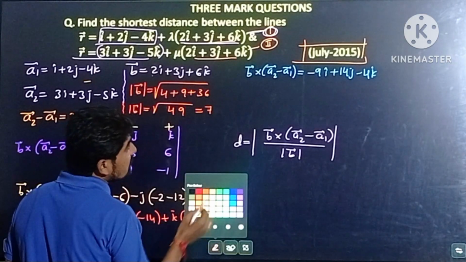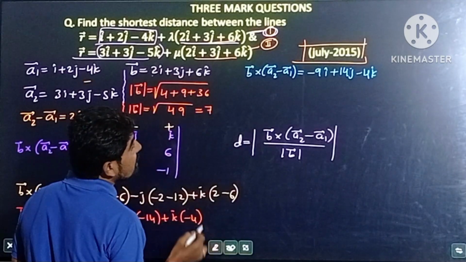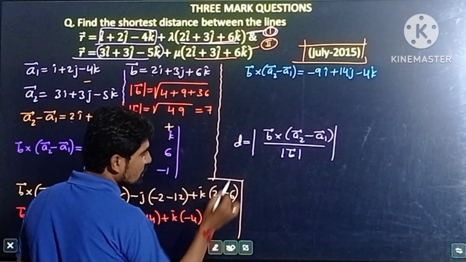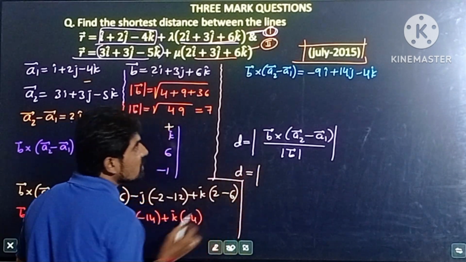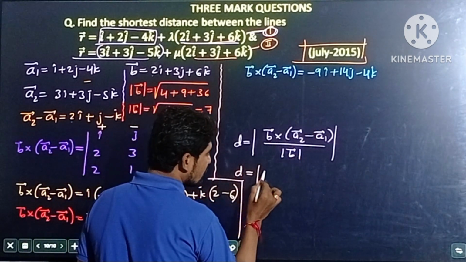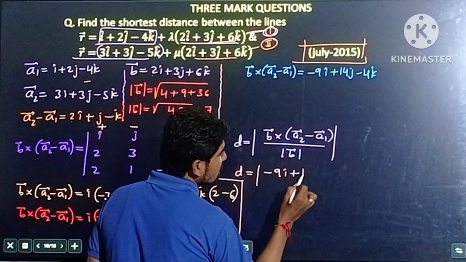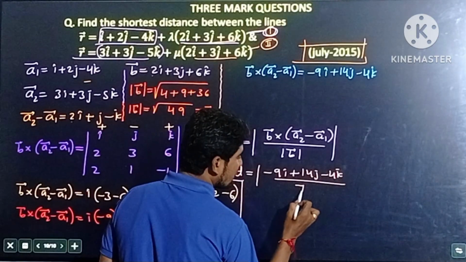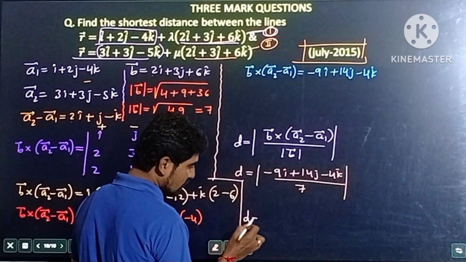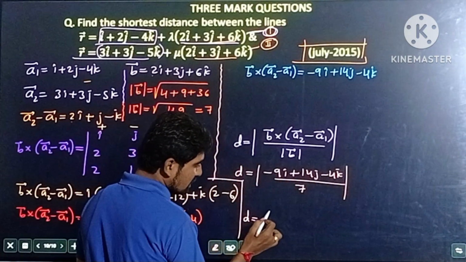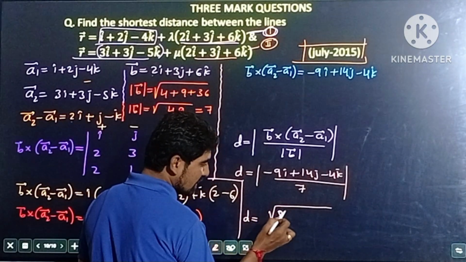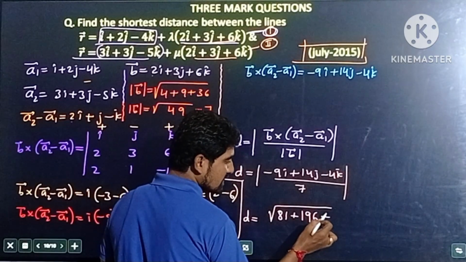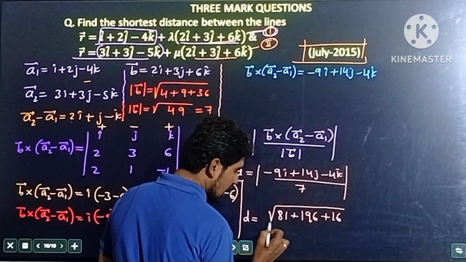And now use this B vector cross (A2 vector minus A1 vector) and the magnitude of B vector in this formula. So therefore D is equal to the modulus of minus 9i plus 14j minus 4k divided by 7. The magnitude of this vector is the square root of minus 9 squared is 81, plus 14 squared is 196, plus minus 4 squared is 16, divided by 7.